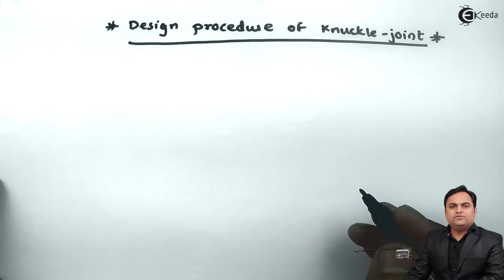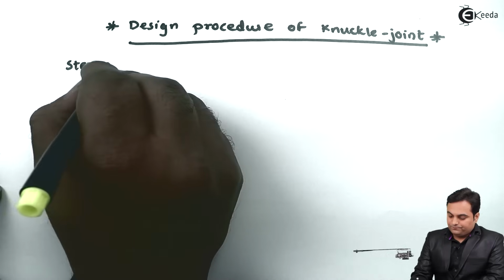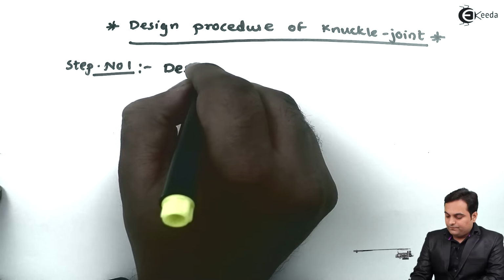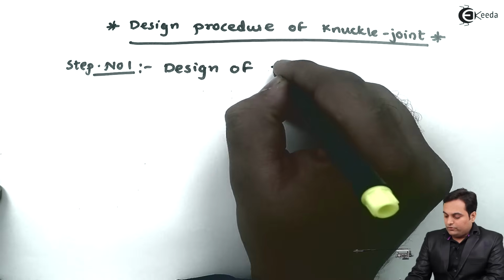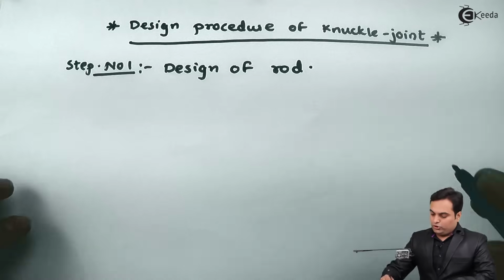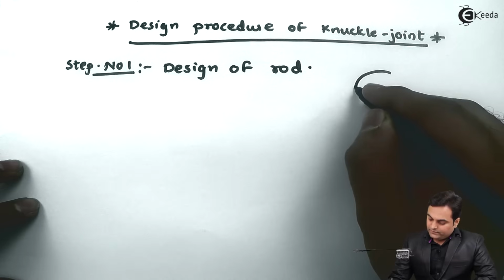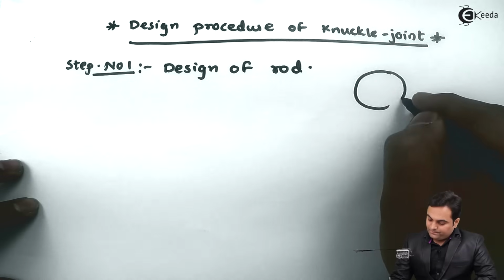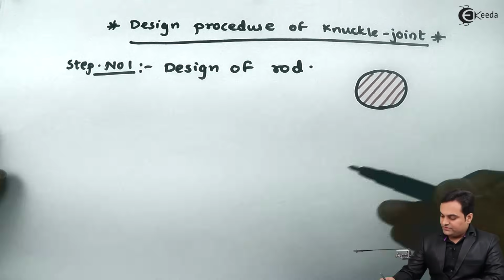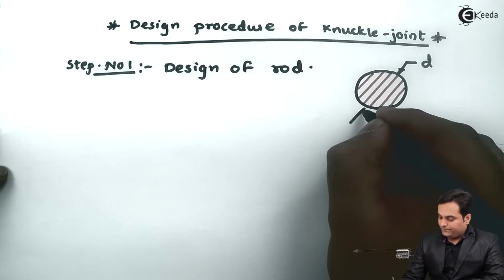In this design procedure of knuckle joint, our step number 1 is design of rod. And once the rod fails, it would look like this, that is circular in section, having its diameter as small d.